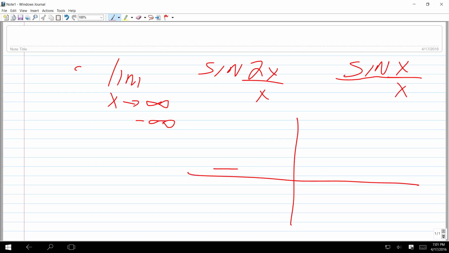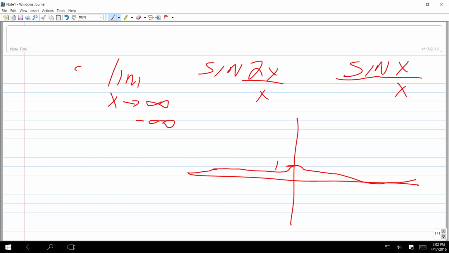It's not real clear what that does from looking at the function, because as x goes to 0, you have 0 over 0, which is indeterminate. But if you look at the graph, as x goes to 0, the function goes to 1.